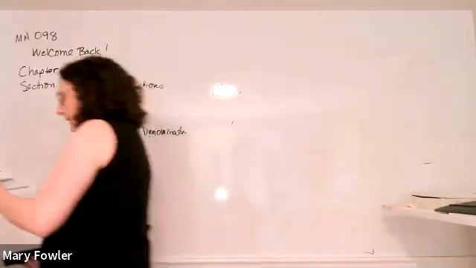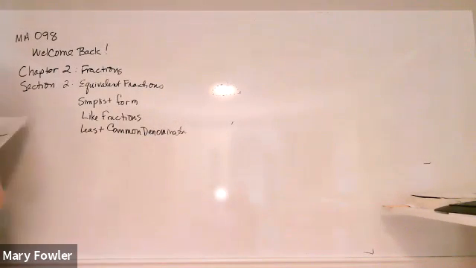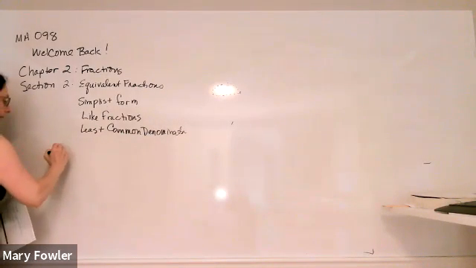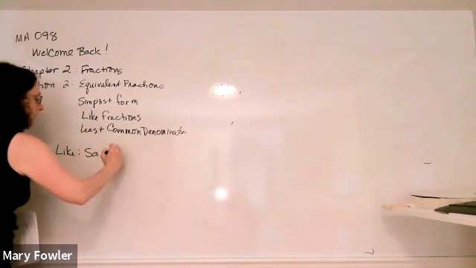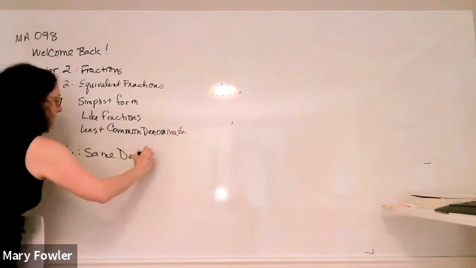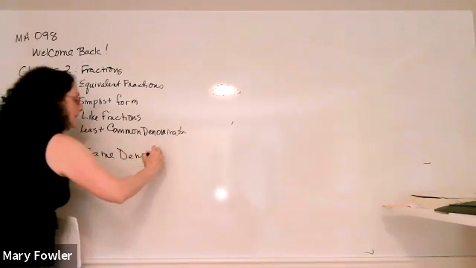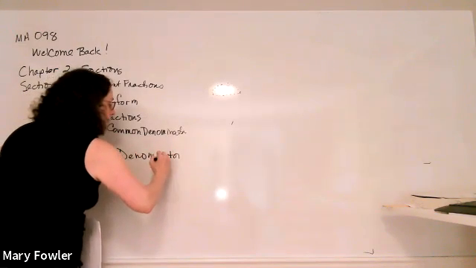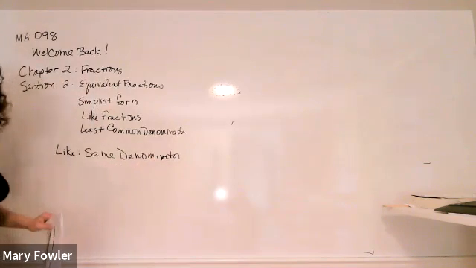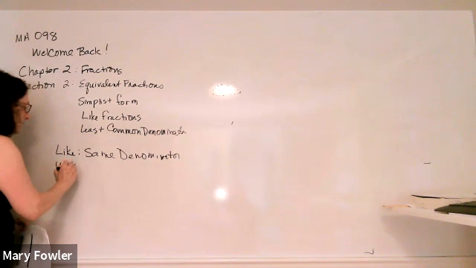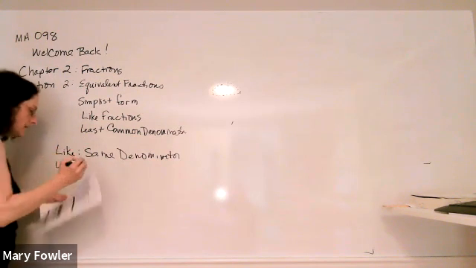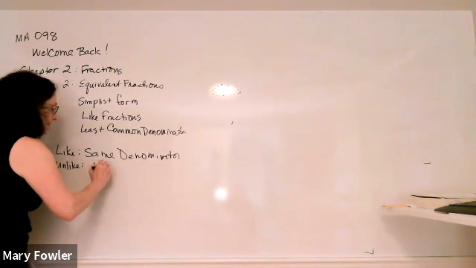So let's go ahead and write that out. Two fractions are like if they have the same denominator. It's all about the denominators. That's why when we were doing prime numbers, I wanted you to pay attention to those. And unlike fractions have different denominators.